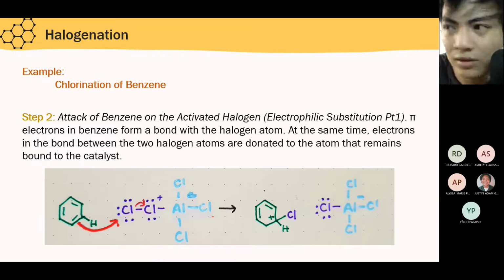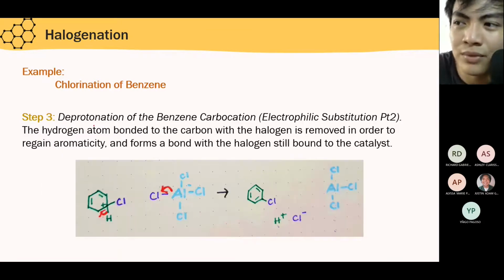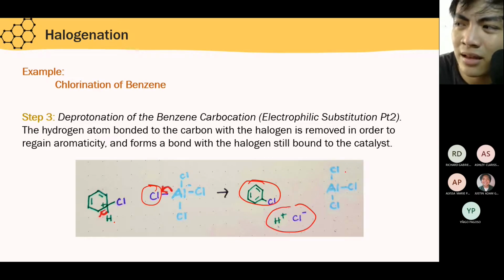So, kailangan ibalik yon. Yun yung nasa last step. So, in order to retain the aromaticity, tatanggalin niya yung hydrogen niya para magkaroon ulit siya ng double bond doon. Okay? So yung hydrogen na yun, kakabit sa naiwan na halogen. So, you have your chlorobenzene, the hydrochloric acid, and of course, you regained your catalyst.